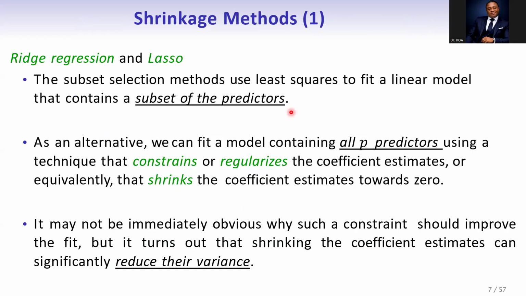First of all, the subset selection method we did last time, if you go and check, all of them were using OLS, the ordinary least squares, to fit the linear model. But instead of fitting the model containing a subset of the predictors, you are now fitting the model containing all the predictors.